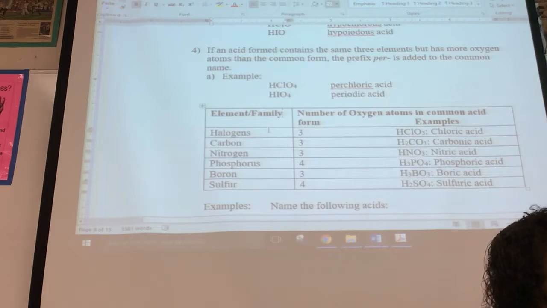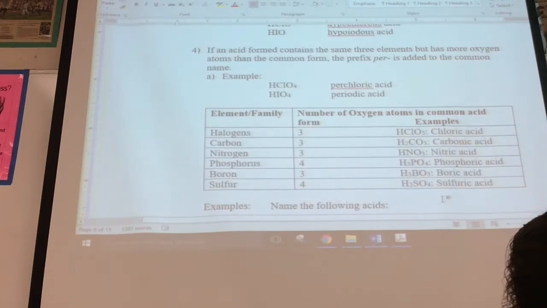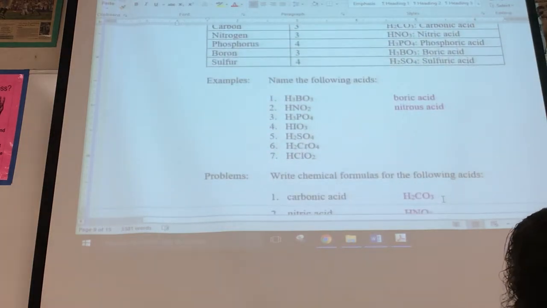the number of oxygen atoms in the common acid form, again, is typically 3, but phosphorus and sulfur is 4. And I gave you the chemical formula and the names of those common acids. But if you remember that ate becomes ic and ite becomes OUS, you'll be very successful naming and writing chemical formulas.